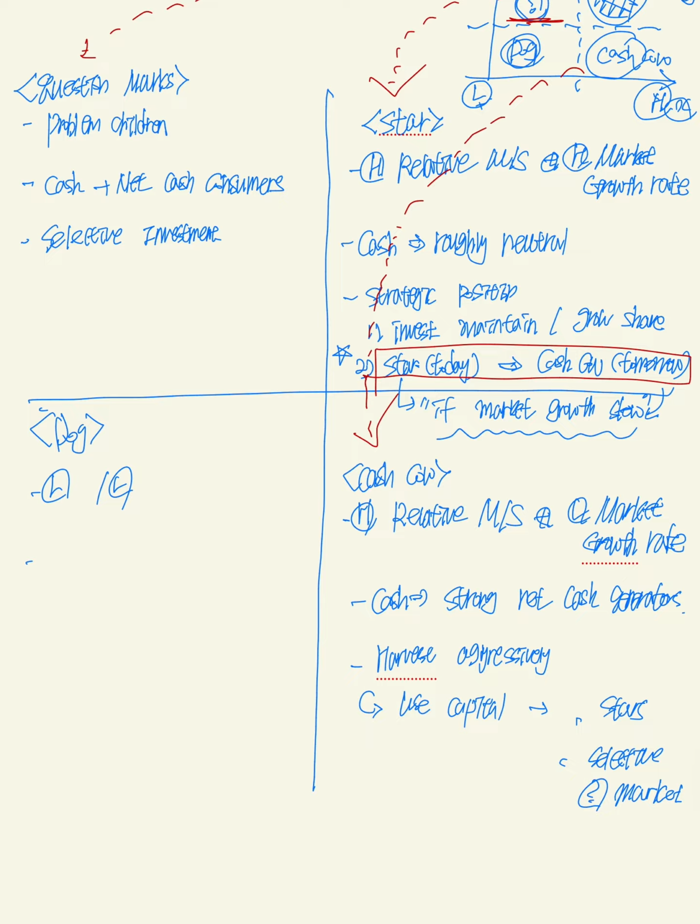So what's the cash flow? Cash flow neutral at best. They are trapped in a weak competitive position in mature markets, often secretly cash traps due to management distraction. So what is their strategy?